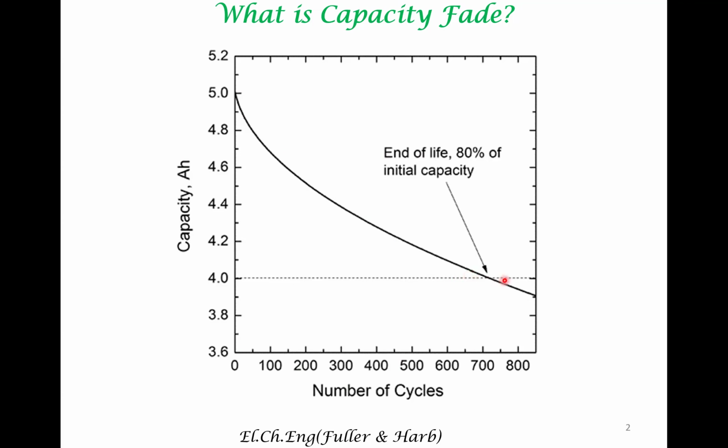So what is the practical consequence? For example, if you start using the battery in the initial cycles, supposing in your cell phone, the battery would serve you for about, let's say, 6 hours. So in time, within 4 hours, 3 hours, 2 hours, and so on, you have to keep recharging the battery.